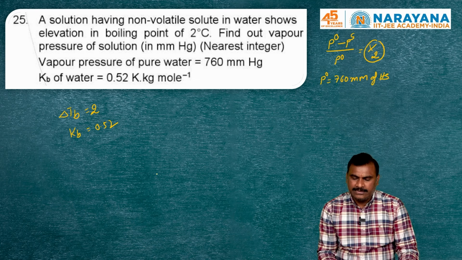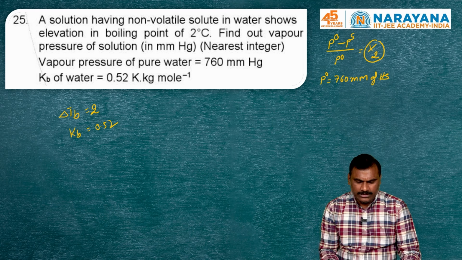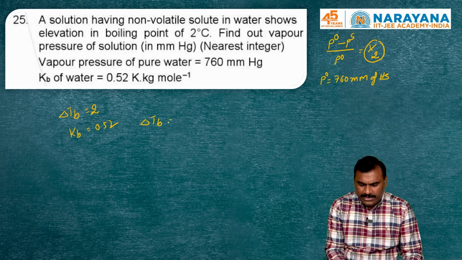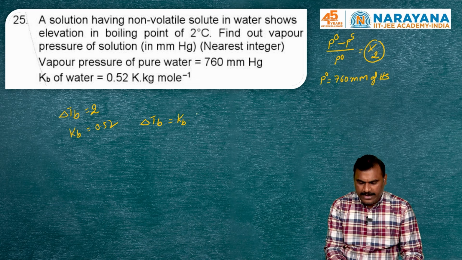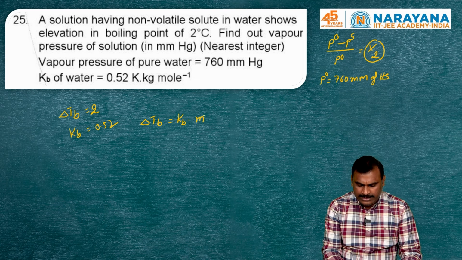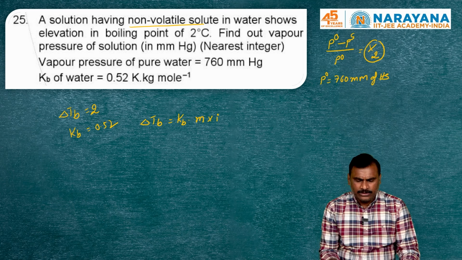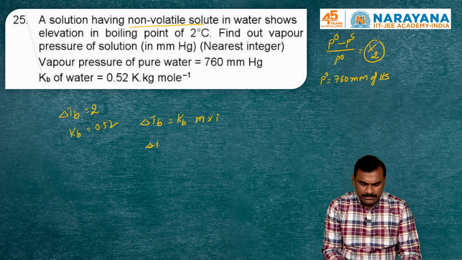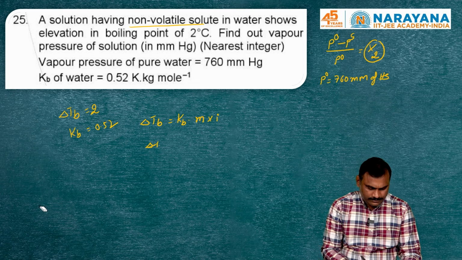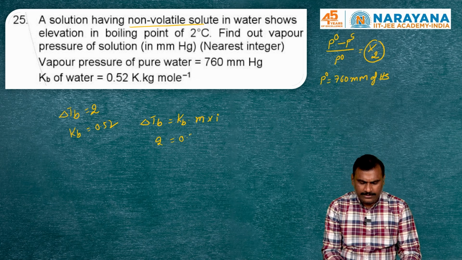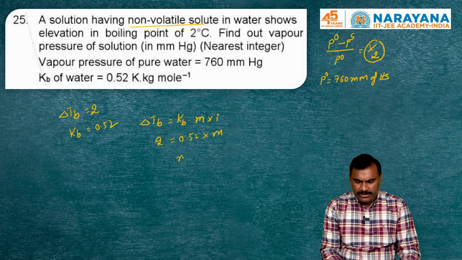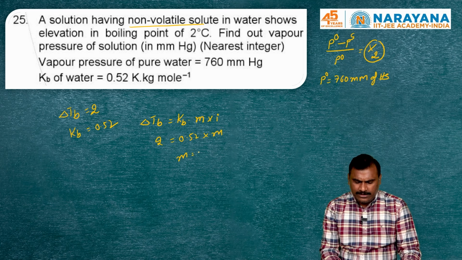So to do this, I want X2. According to that, delta Tb is equal to Kb into m, into i. But it already says non-volatile solute, and it doesn't undergo either dissociation or association. Then delta Tb, that is 2, is equal to 0.52 into m. We will get the m value. The m value is roughly 3.84, like that I got.